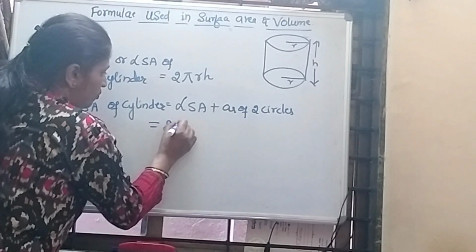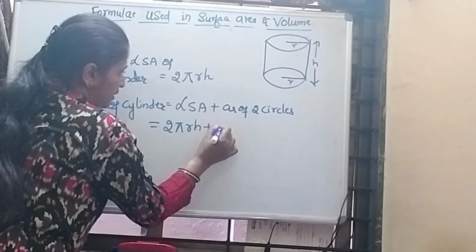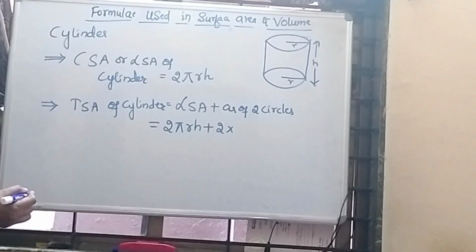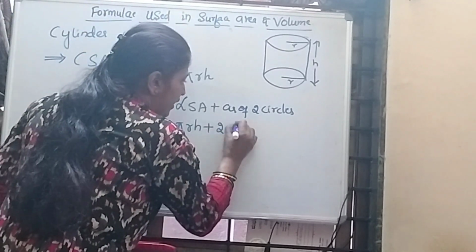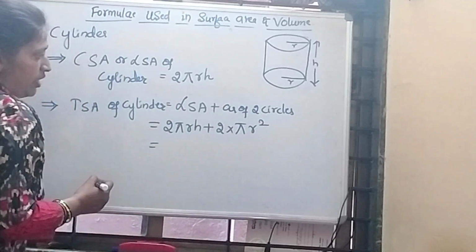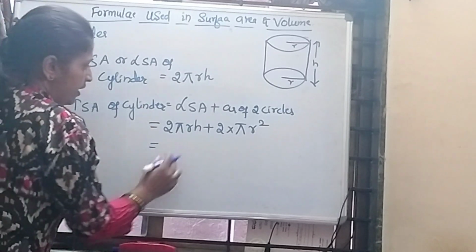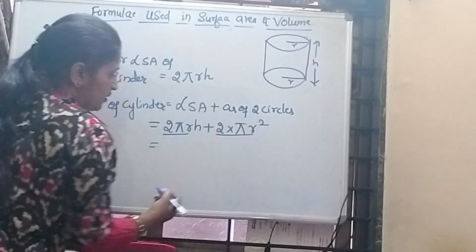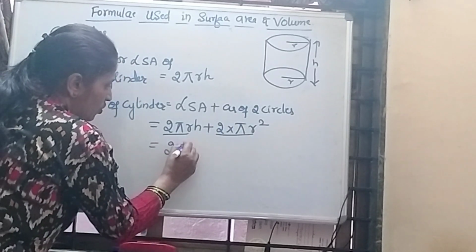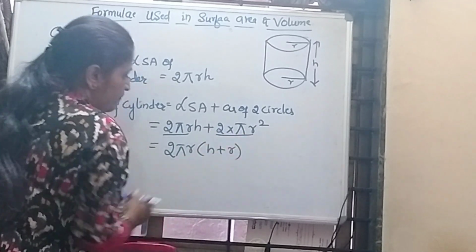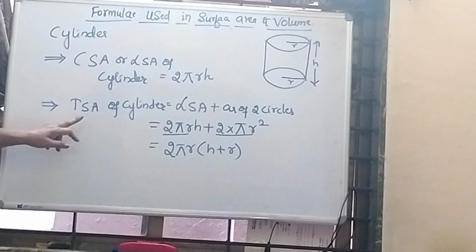LSA is 2 pi RH plus 2 times the area of circle, pi r square. You can use the formula like this, or to simplify, we can take 2 pi r common. There are two r's, so one r can be taken common: 2 pi r into bracket h plus r. This is the formula used for TSA of cylinder.